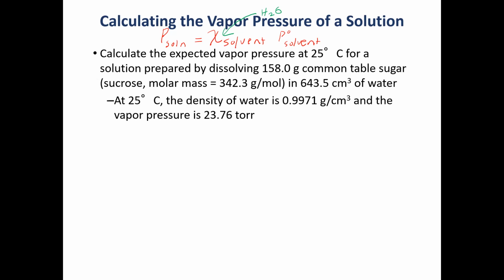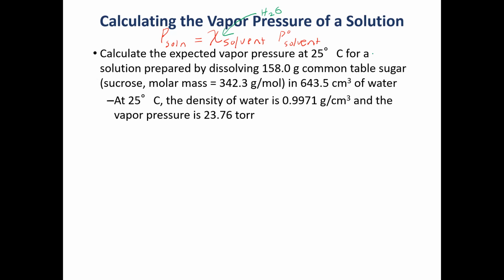When we've done this in the past, we typically calculate the mole fraction of the solute, so we'd calculate the mole fraction of sugar. But in this case, we don't care about the mole fraction of sugar because it doesn't really affect what we're trying to calculate. We know the vapor pressure of our solvent, so in order to do the calculation, we need the mole fraction of solvent.